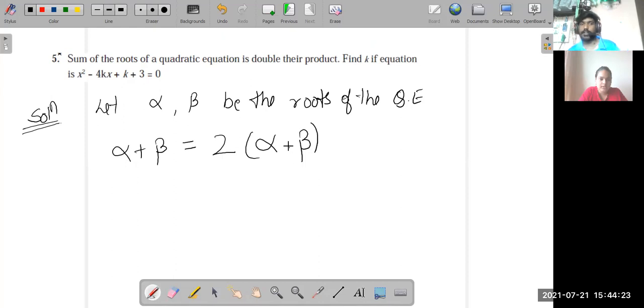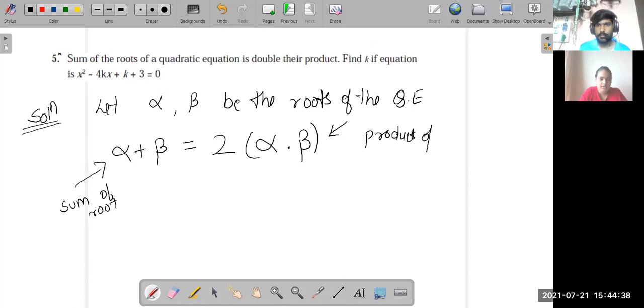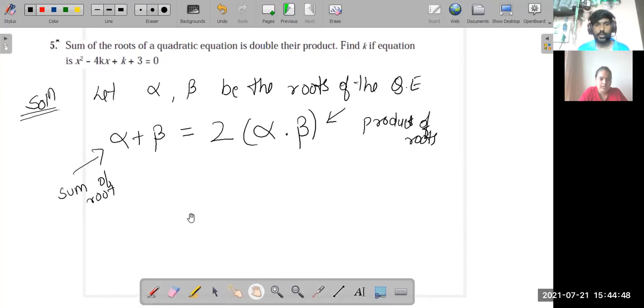This is given. This is sum, and this is product. So this is given: sum of roots is equal to double their product. Now we have to find k of this quadratic equation.